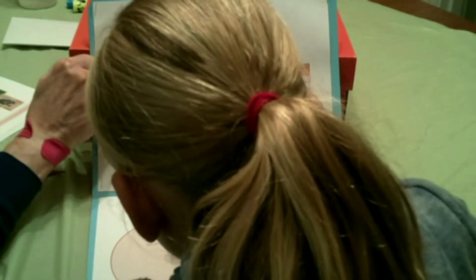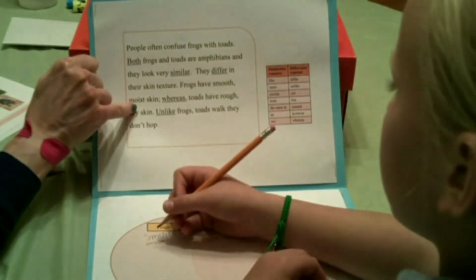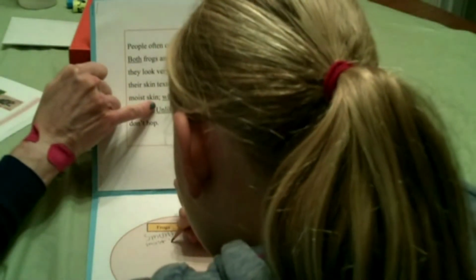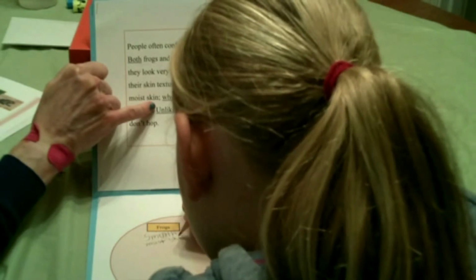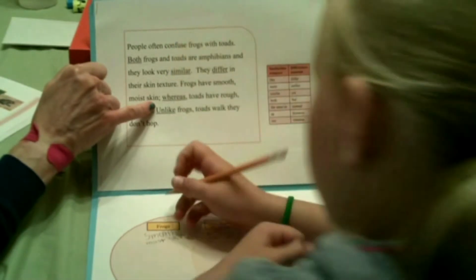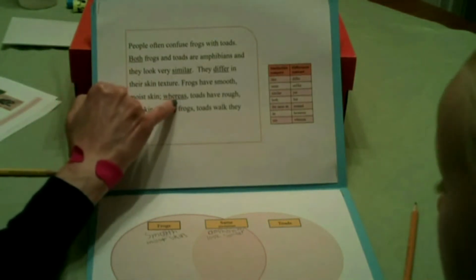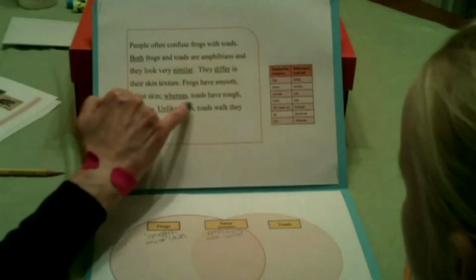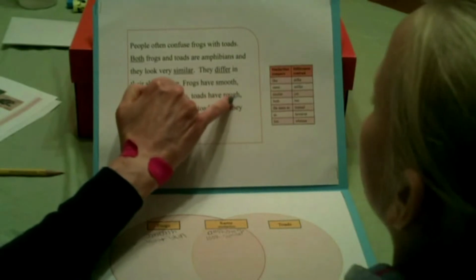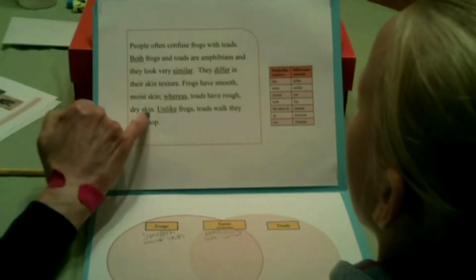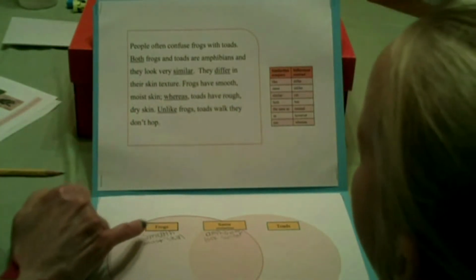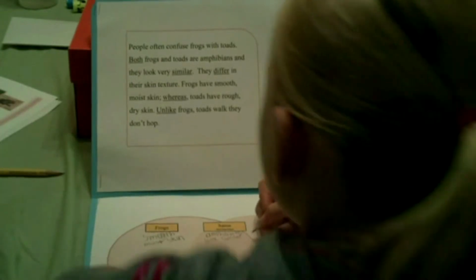And put skin right next to it. Right here, yeah. So now we know what frogs have. Let's see what toads have. Oh, there's another clue word, whereas, for the difference. Toads have rough, dry skin. So that's different from smooth, moist skin. So you're putting it under toads. Rough, dry skin.